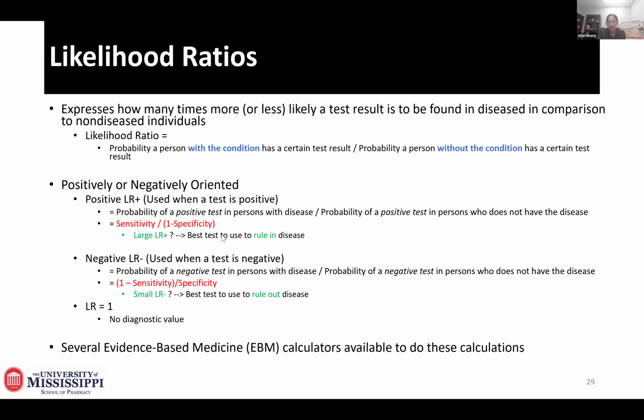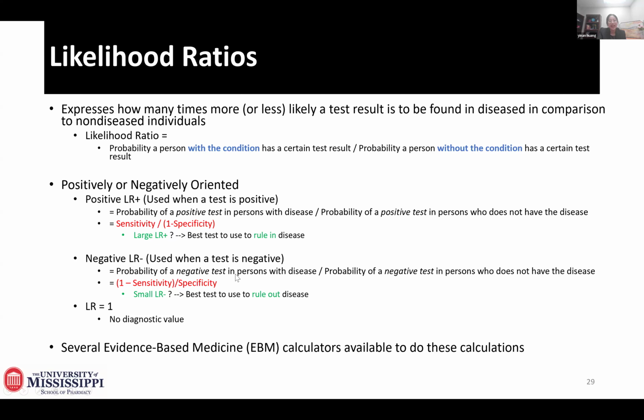So the denominator for the positive likelihood ratio is 1 minus specificity. In contrast, the negative likelihood ratio is the probability of a negative test in persons with the disease divided by the probability of a negative test among persons who do not have the disease. Think about it.